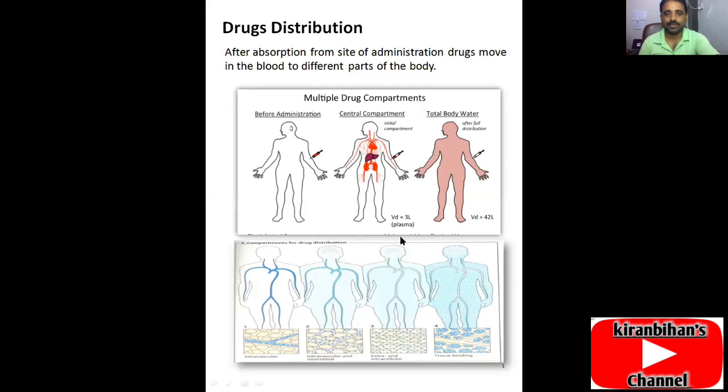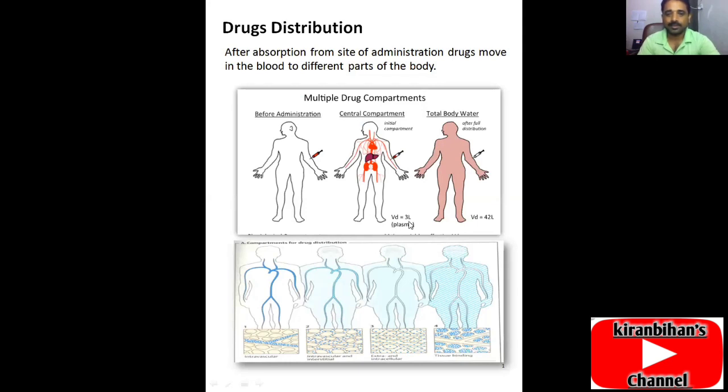In our body, there are 4 liters of blood. If we measure the plasma concentration of that drug, and the drug is found only in the blood, the volume of distribution of that drug will be about 4 liters. Like here, you can see the VD is 3 liters.